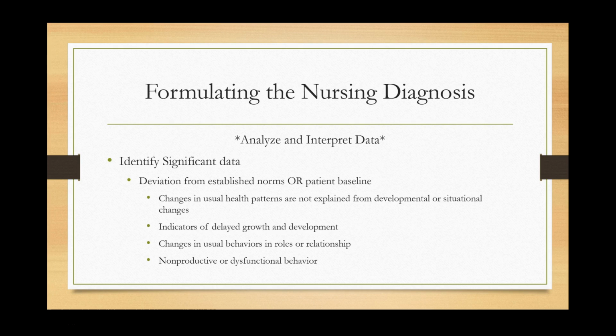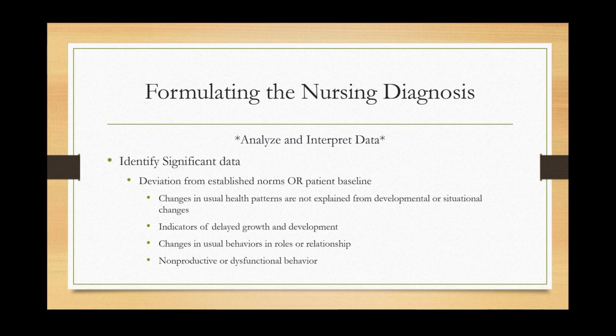or your patient baseline. So your patient may already be off the statistical norm already. However, they have their own set of normal values, and if there's a deviation away from their own baseline. So say, for example, our patient is a COPD patient. They're normally on 2 liters of oxygen at nighttime.